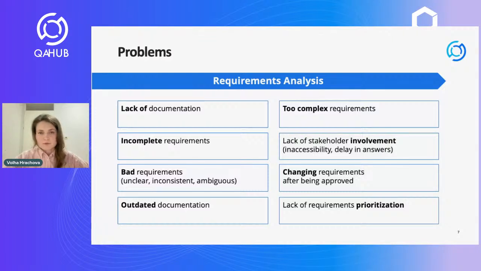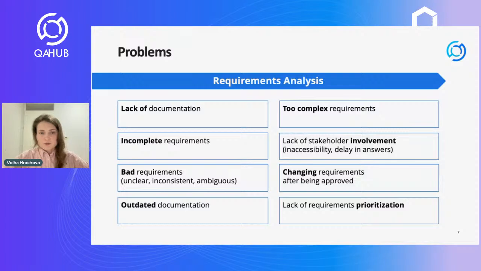So you have a lot of things to clarify and a lot of knowledge to gain. Another issue is lack of stakeholder involvement. What I mean here is that sometimes you have a person whom you reach with your questions, but it's difficult to get answers from him or her, or there are weeks when you're waiting for some response.